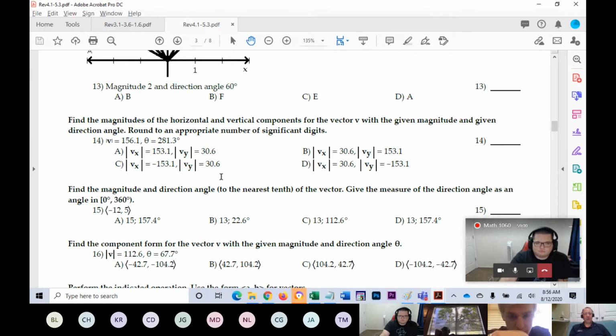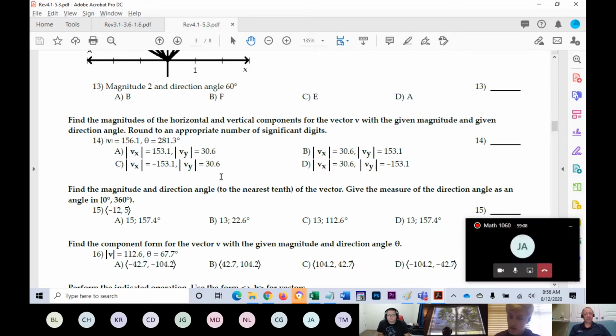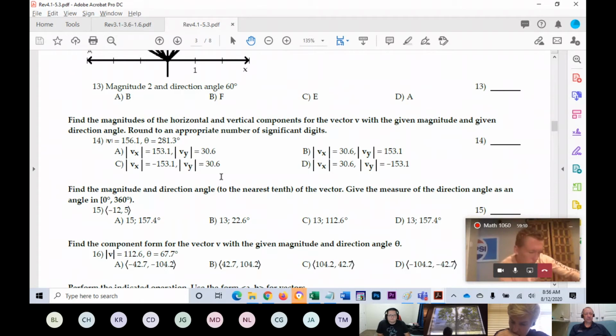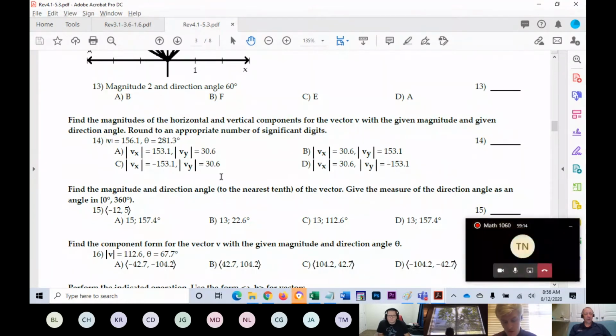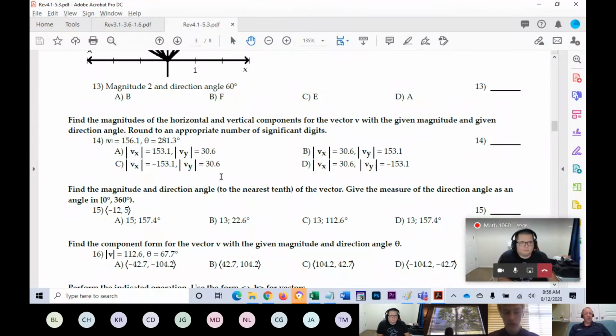Round to an appropriate number of significant digits. Okay. All right, so I've got a magnitude of 156.1 and a theta of 281.3.